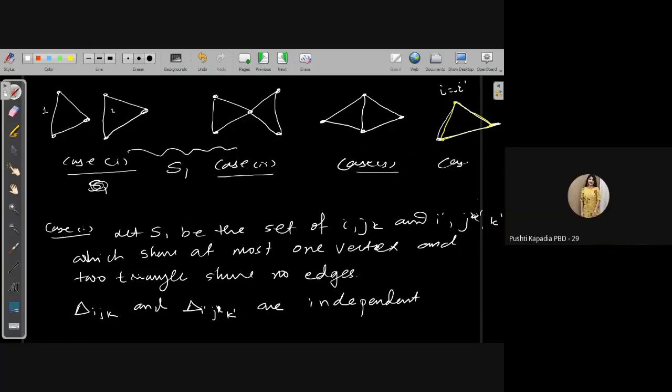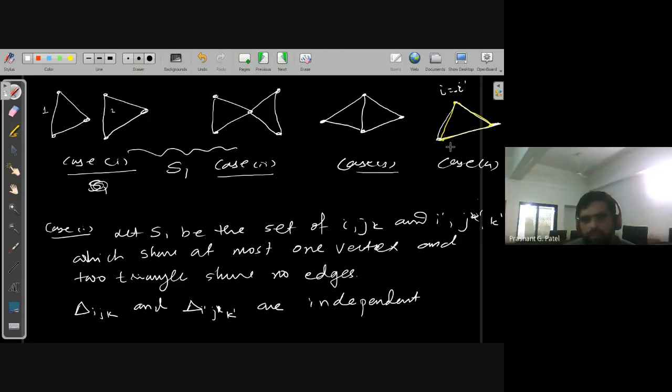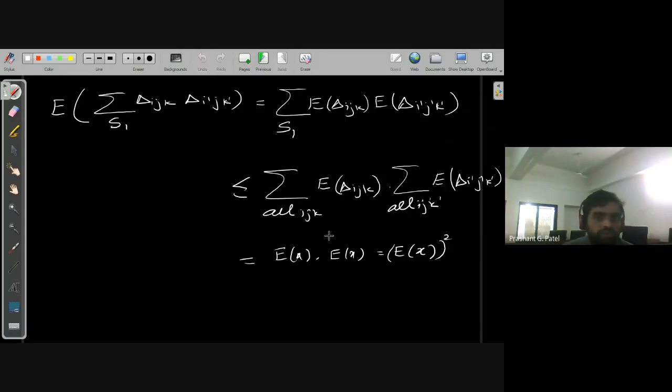In both situations at least one vertex is common, but we cannot treat them together because the situation is different. Because this is not an independent event, so I cannot now split. I cannot use this situation.